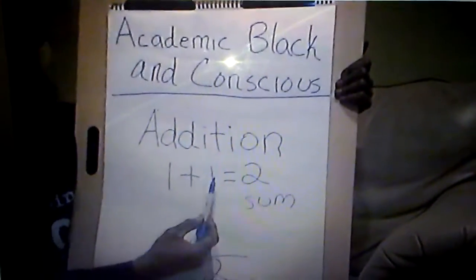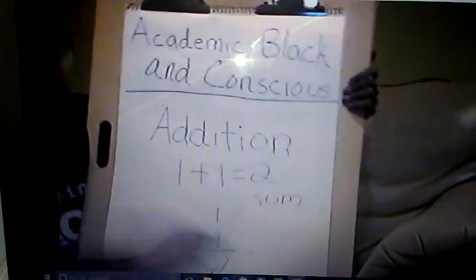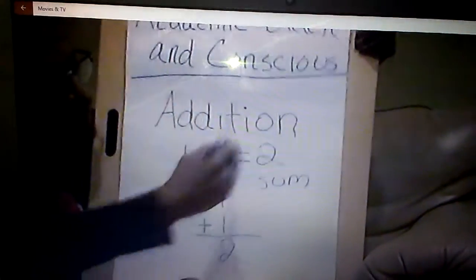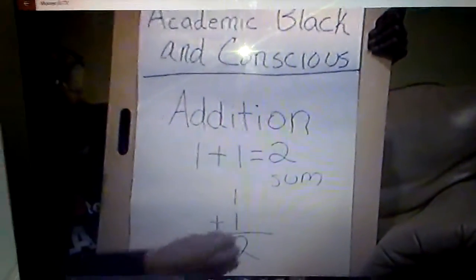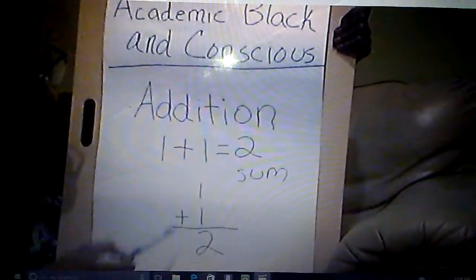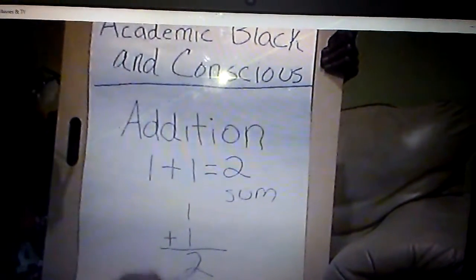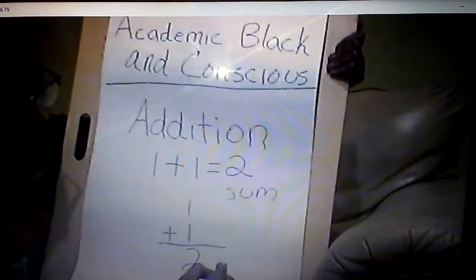Here we have 1 plus 1 equals 2. It can be written in two different forms. On the top, we have it horizontally, 1 plus 1 equals 2. And here we have it vertically, 1 plus 1, with a line drawn and using the addition symbol and giving your answer or your sum, known as 2.